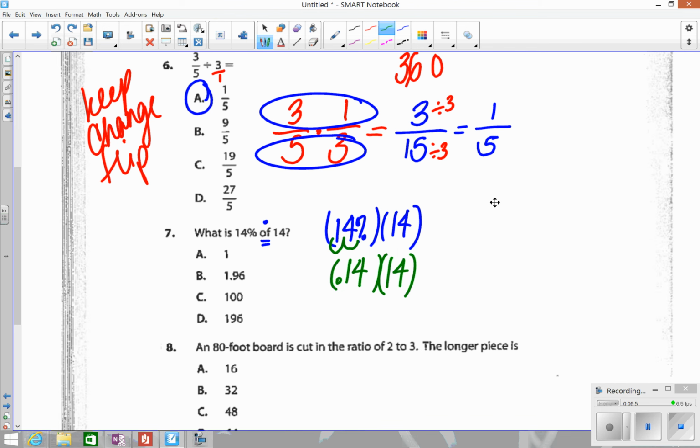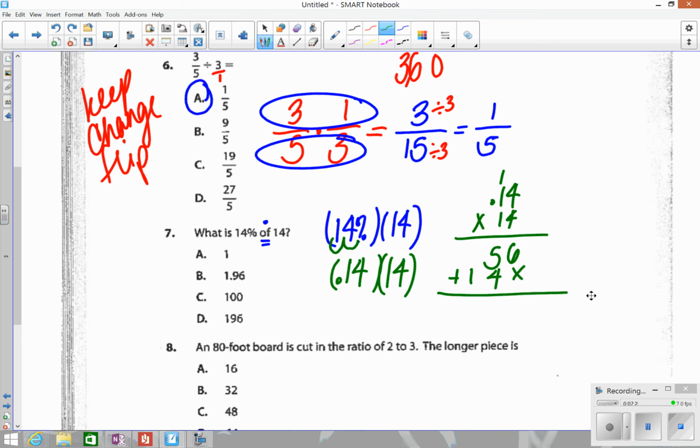So I'm going to do that off to the side. 0.14 times 14. So we multiply everything by 4 first. So we get 16. Carry the 1. 4 times 1 is 4 plus 1. It's going to give me the 5. Move over a place. So I just put an X here in this position. 1 times 4 is 4. 1 times 1 is 1.